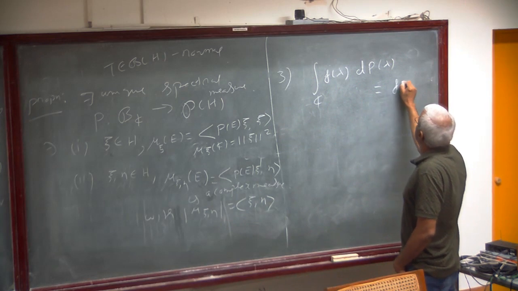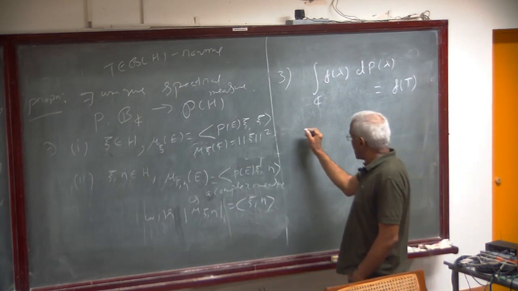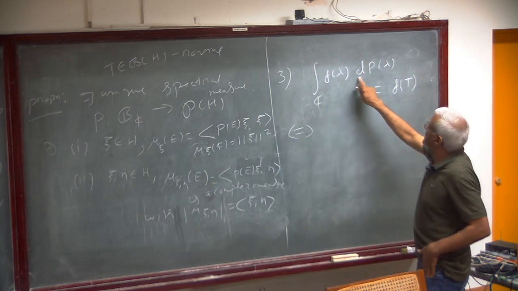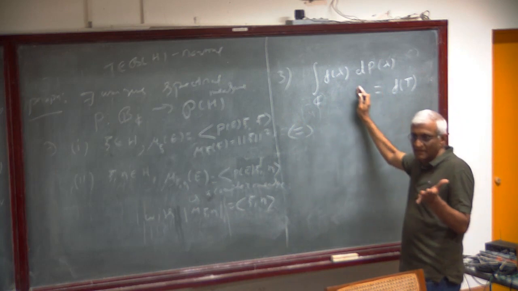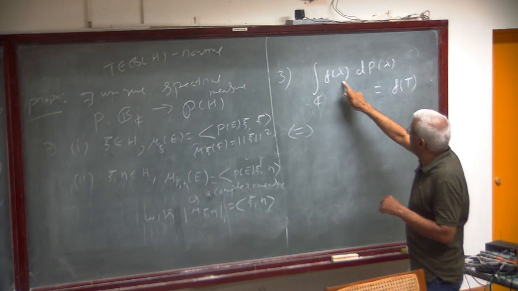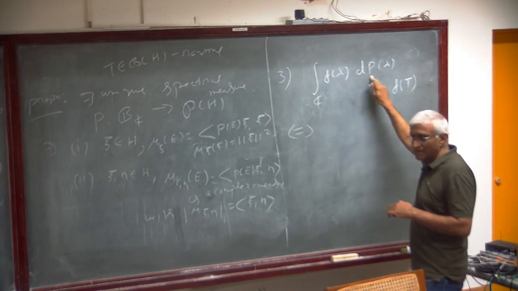This is equal to f of T. What this actually means is that this is integration on a Banach space. These are all scalars, and these are all operators.